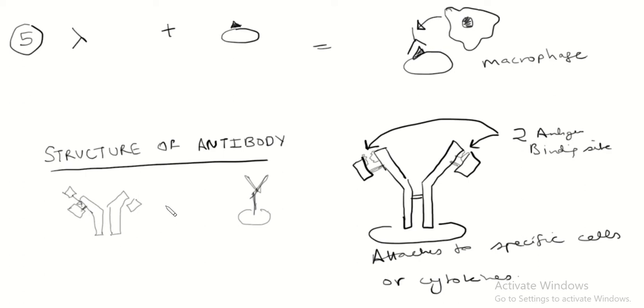Okay. Or, and let me draw this here. Okay. Sorry, my drawing is not the best. Here, this may be an antibody that may attract and attach to something that's a triangle antigen.